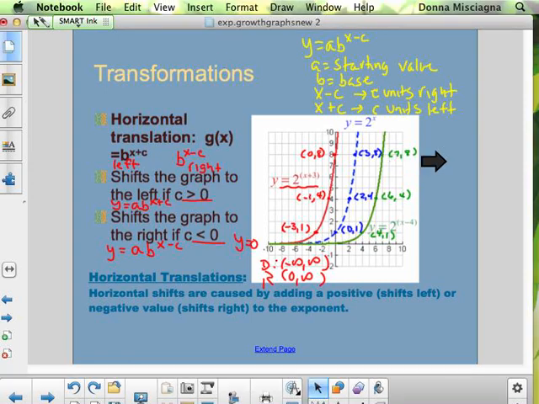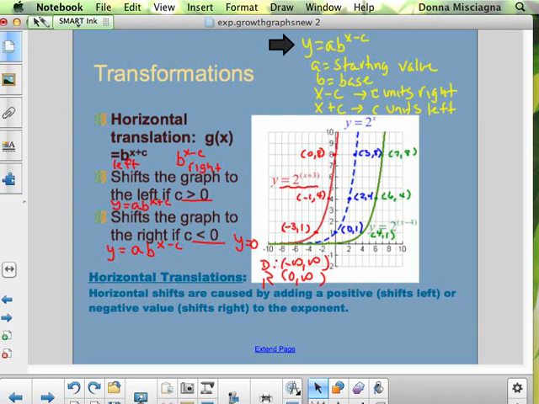The format for exponential equations is y equals ab to the x minus c. And I should preface that this is the format for exponential equations with a horizontal translation only. So we're going to look at each of the translations separately.